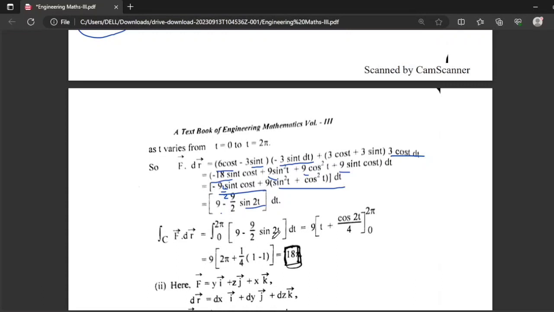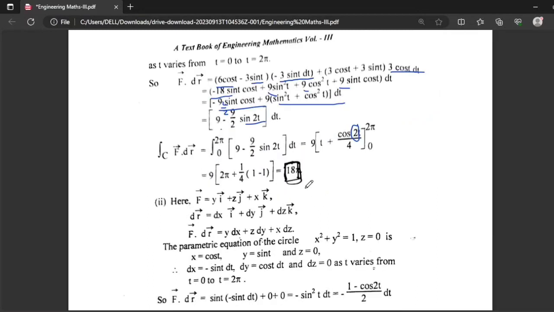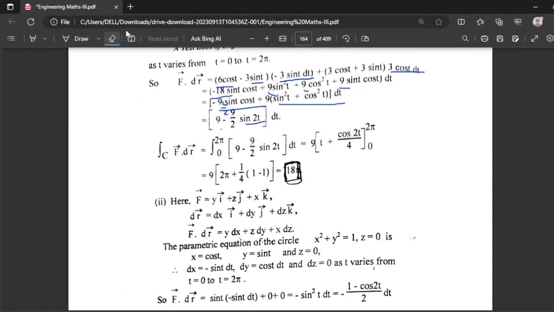So now we have to integrate from 0 to 2 pi. If we take 9 common, then remaining is 1, so the integration of 1 is t, and 9 we have taken out, so the integration of sin 2t is negative cos 2t over 2, with 2 already here, so 4 in the denominator, and minus minus gives plus. Substituting the upper limit, it is 2 pi plus cos 0, which is 1 by 4, and substituting the lower limit, t is 0, so 0 minus cos 0, which is 1 by 4.